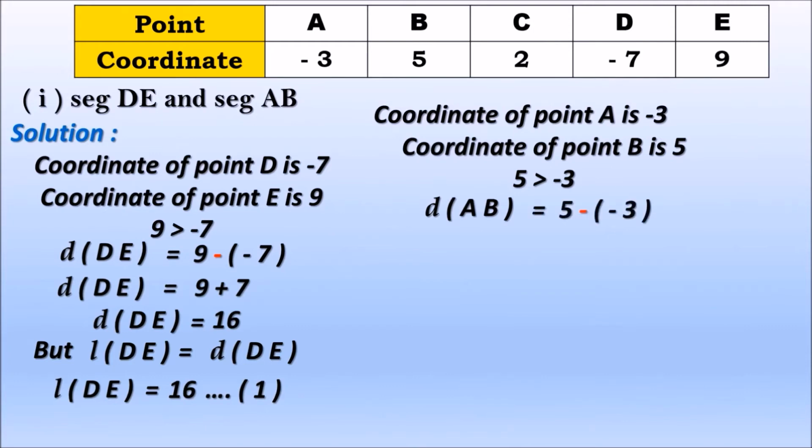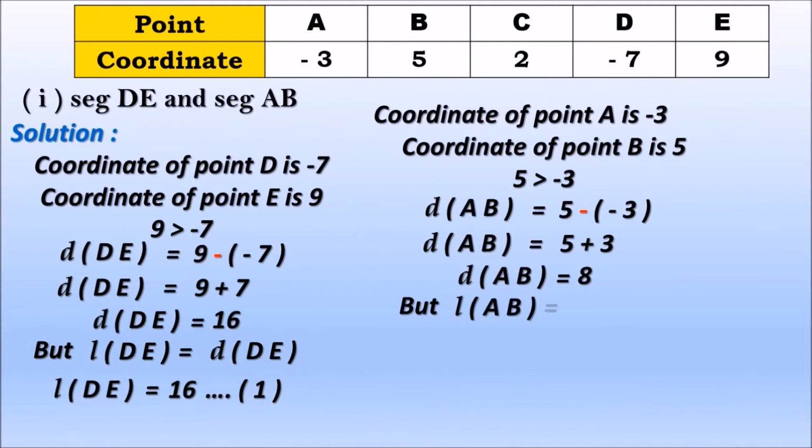So 5 minus minus 3. Minus into minus is plus, so 5 plus 3. Distance AB equals 8. But distance AB equals the length of segment AB according to the definition. Therefore length AB equals 8.